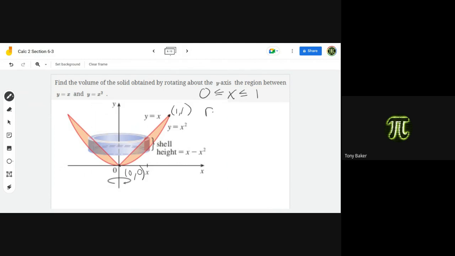We need 2 pieces of information: my radius and my height. We're rotating around the y-axis, so my radius is x. It's how far I've moved away from the y-axis, which is my x. Okay?